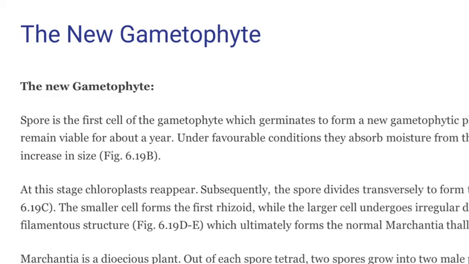The spores germinate and start the gametophytic phase. So, the new gametophyte: the spore is the first cell of the gametophyte, which germinates to form new gametophytic plants. Spores remain viable for about a year. Under favorable conditions they absorb moisture from the substratum and increase in size.